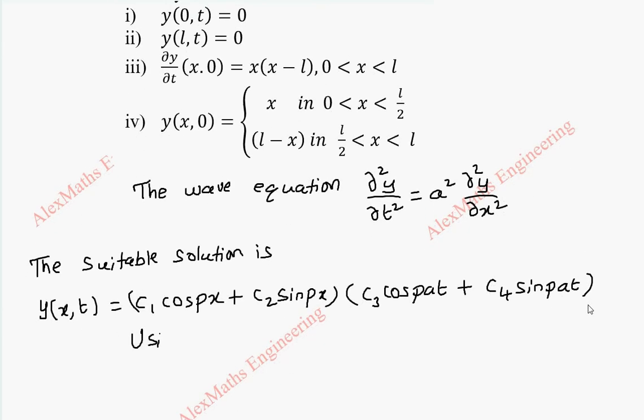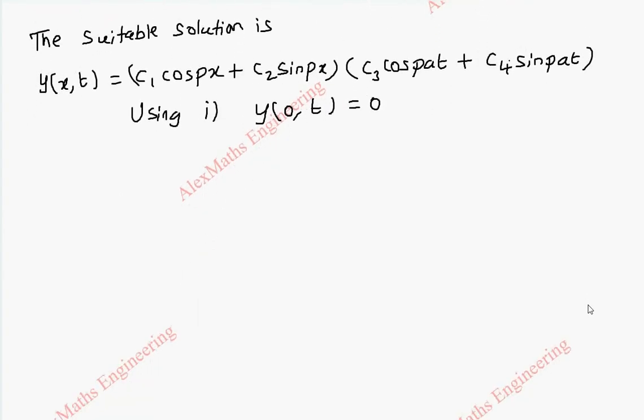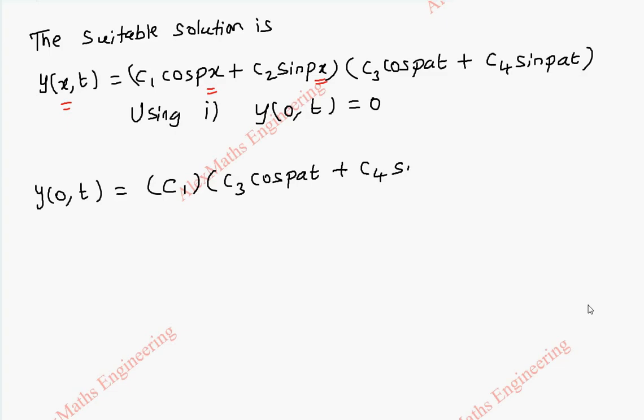So using condition 1, that is y(0,t) = 0, it means wherever x is there, we have to substitute 0. So in these places, if I substitute 0, y(0,t) will be c1, since cos 0 is 1 and sin 0 is 0. So we have only c1 here, and the rest of the terms, c3 cos pat plus c4 sin pat, are written as they are.